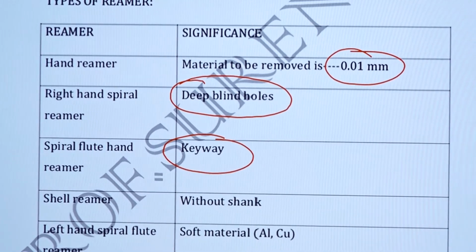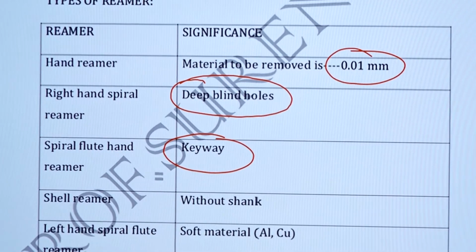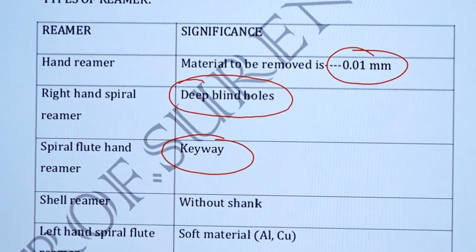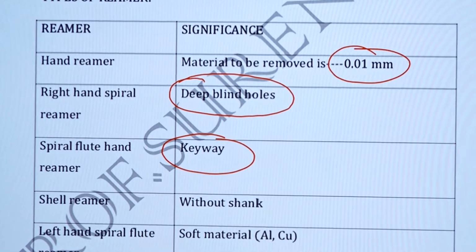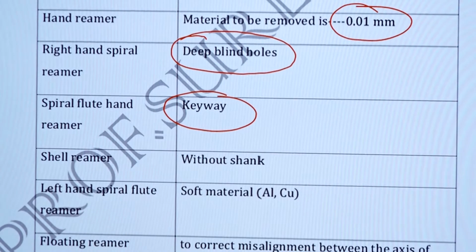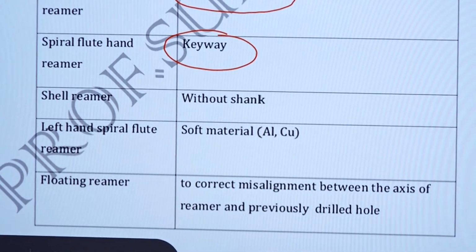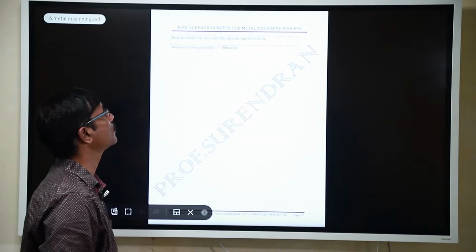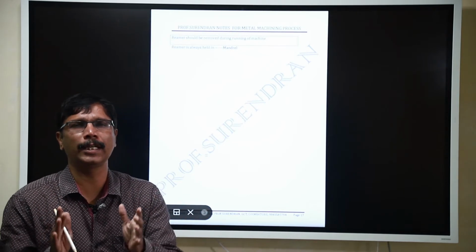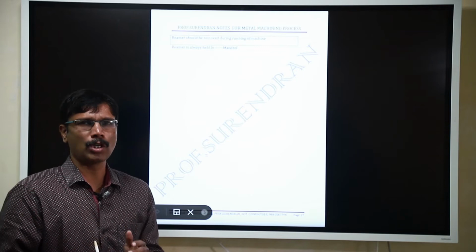A Reamer without a shank is called a shell Reamer. Left hand spiral Reamer is used for soft material. Floating Reamer is used to correct misalignment. Next, the Reamer holding tool: a Reamer is held by a mandrel.